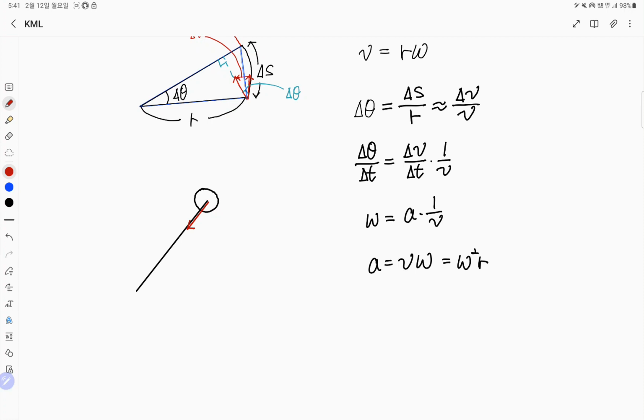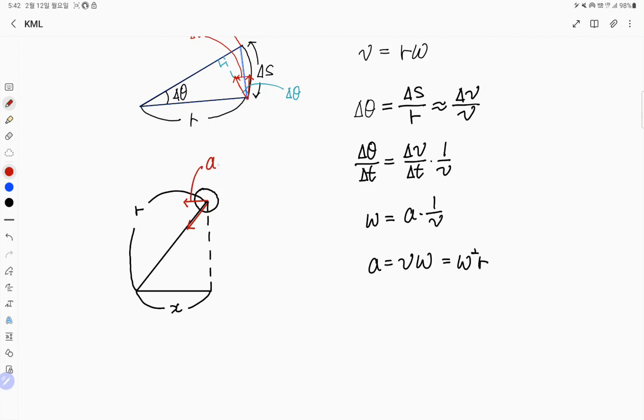And if we think of the horizontal component, this acceleration also has a horizontal component.